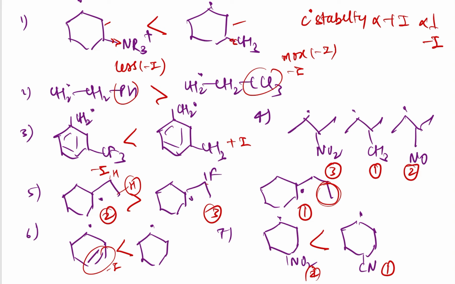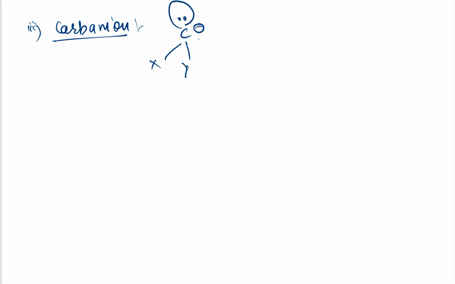So now let's talk about the carbanion. Let's talk about the stability of the carbanion, the third reaction intermediate. What is a carbanion? There is a negative charge on carbon. Let us say it has a negative charge with X, Y, Z. First, it is sp3 hybridized.